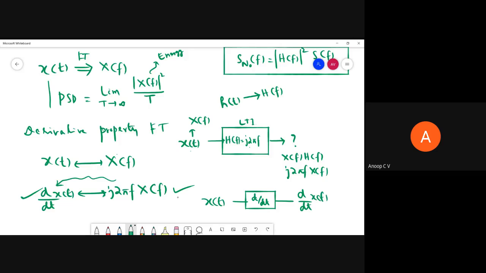This is why I said the slope circuit should have a purely imaginary transfer function. Its transfer function should be a linear function of frequency, which means in effect we are implementing a differentiator in the frequency domain. It becomes an LTI system with transfer function j 2 pi f. Are you clear with this?